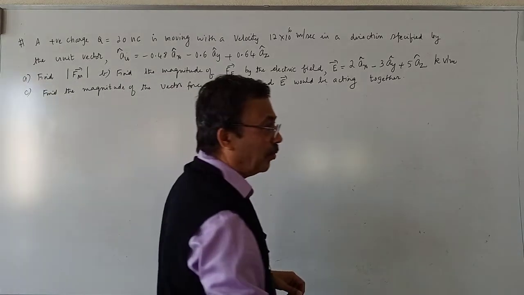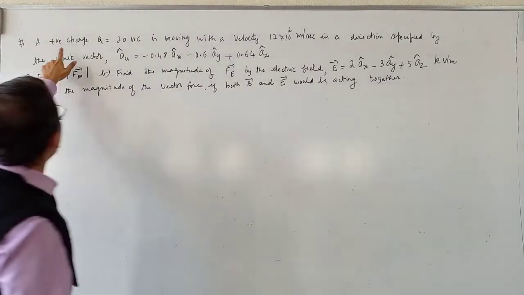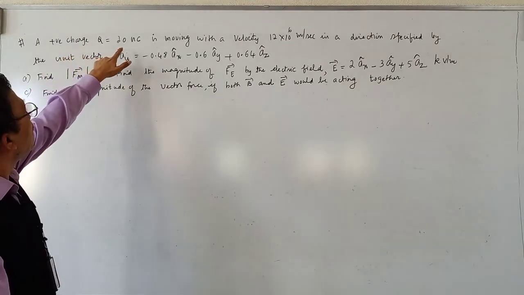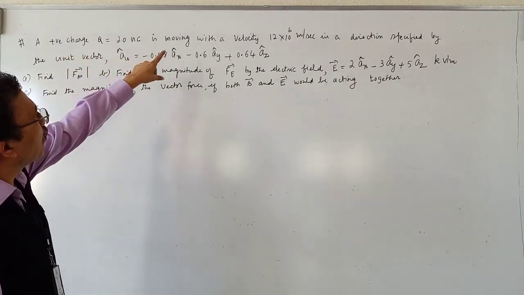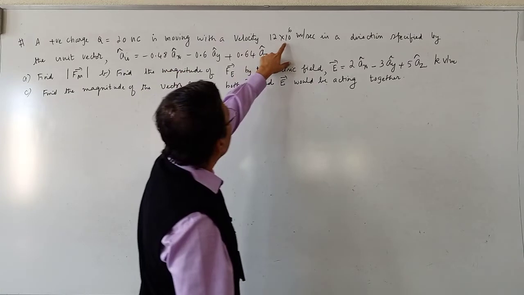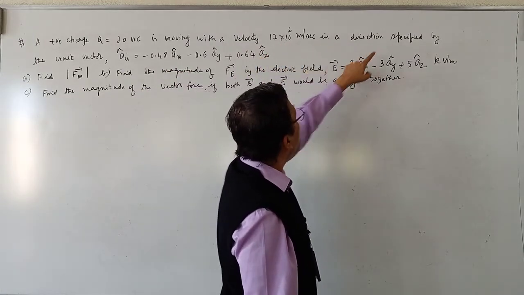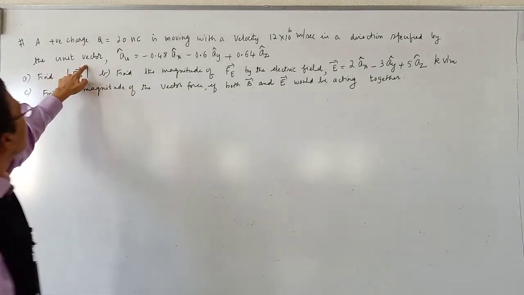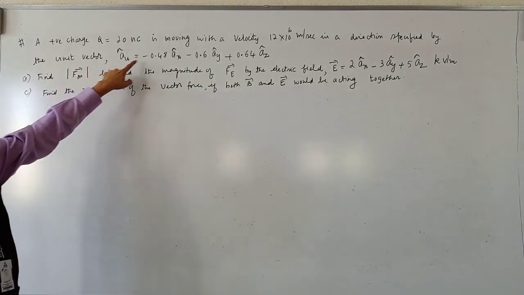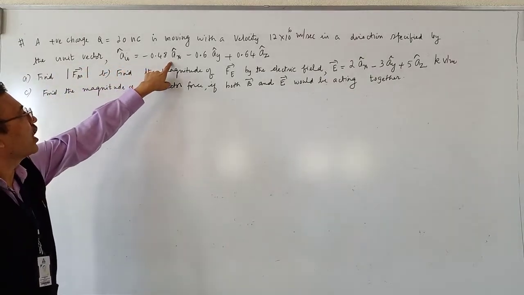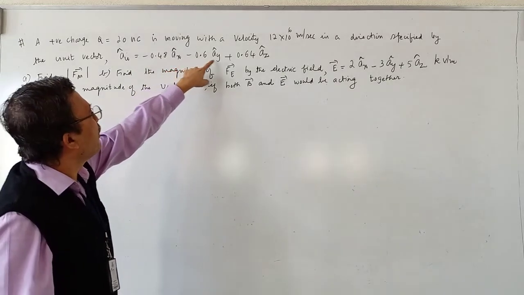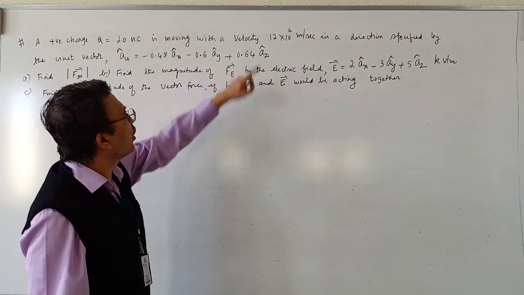Very important problem. Let me read out once again. A positive charge Q equals 20 nanocoulombs is moving with a velocity 12 into 10 to the power 6 meters per second in a direction specified by the unit vector aU equals minus 0.48 aX minus 0.6 aY plus 0.64 aZ.